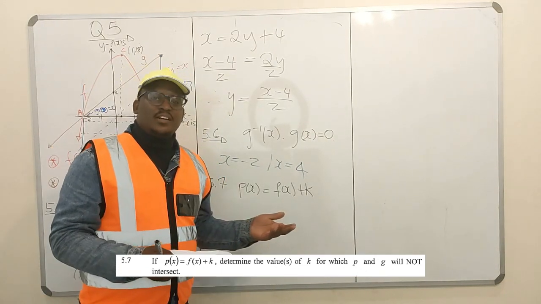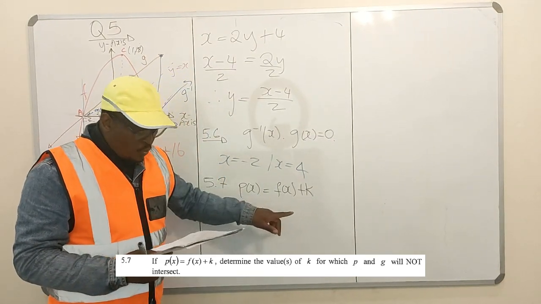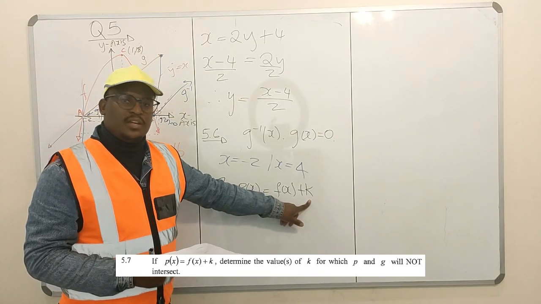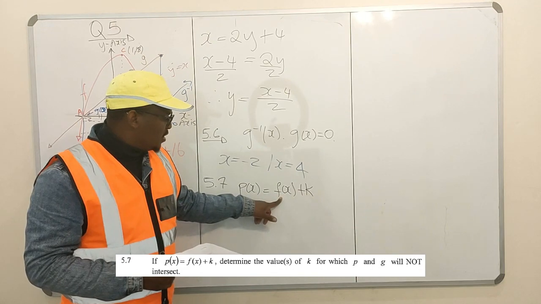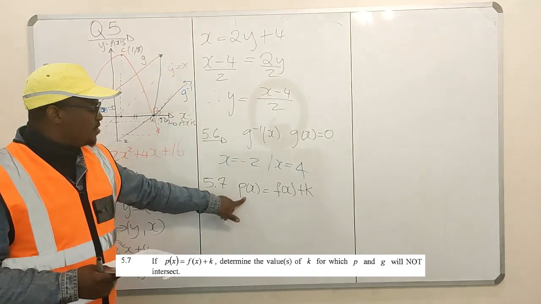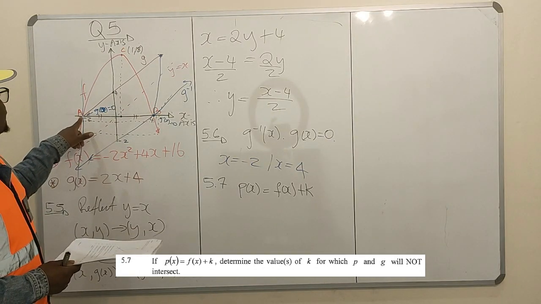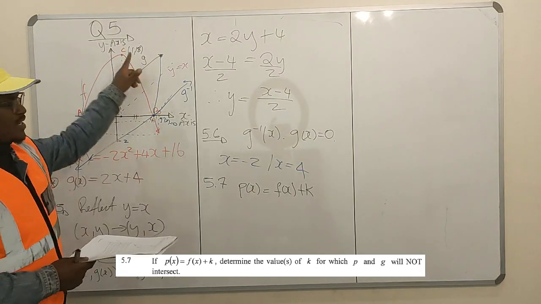So they're asking, what are the values of k? What should the values of k be in order for our new function p and g not to intersect?